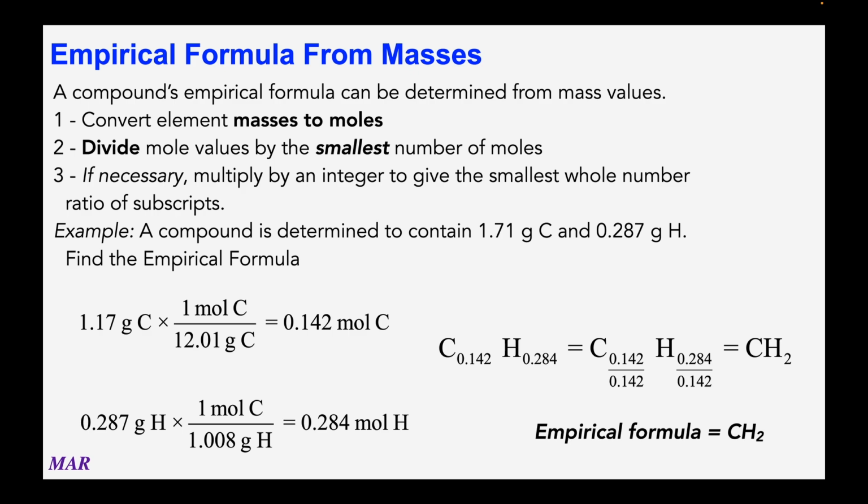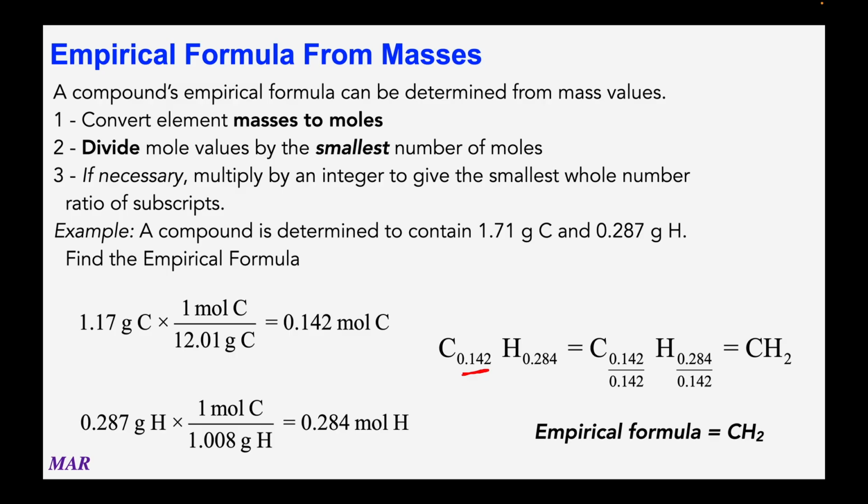So to get it into a whole number ratio, you divide both of these numbers by the smaller number. So 0.142 is smaller than 0.284. So you'll divide both of those numbers by 0.142. 0.142 divided by 0.142 is, of course, 1, so that's nice. And 0.284 divided by 0.142 is a ratio of 2.